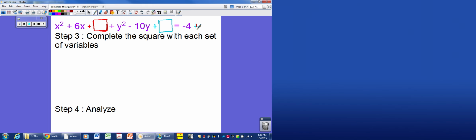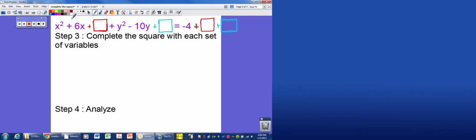So red's my first thing, plus whatever the red box was, plus whatever this blue box happens to be. So I add the red box to both sides, I add the blue box to both sides, everything is balanced.